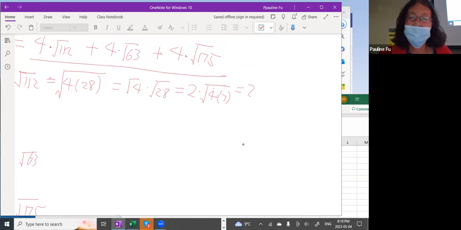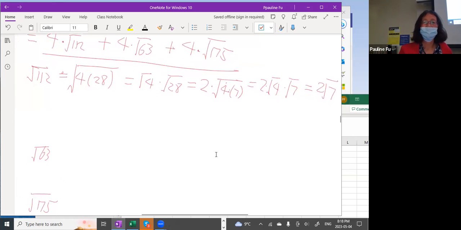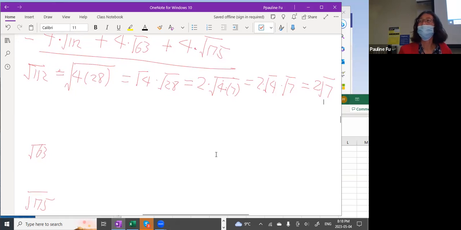Then this equals square root of 4 times square root of 7. Square root of 4 equals 2. So this is 2 square root of 7. So I simplified square root of 112 equal to 4 square root of 7.